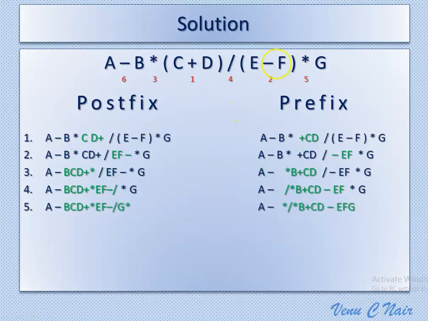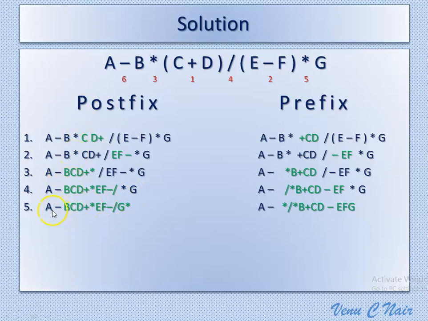Now the fifth operation is this multiplication, into, which is coming just before G. So this one will be the first operand for that into. This is the second operand. Combine these two operands and put this into after the combination.